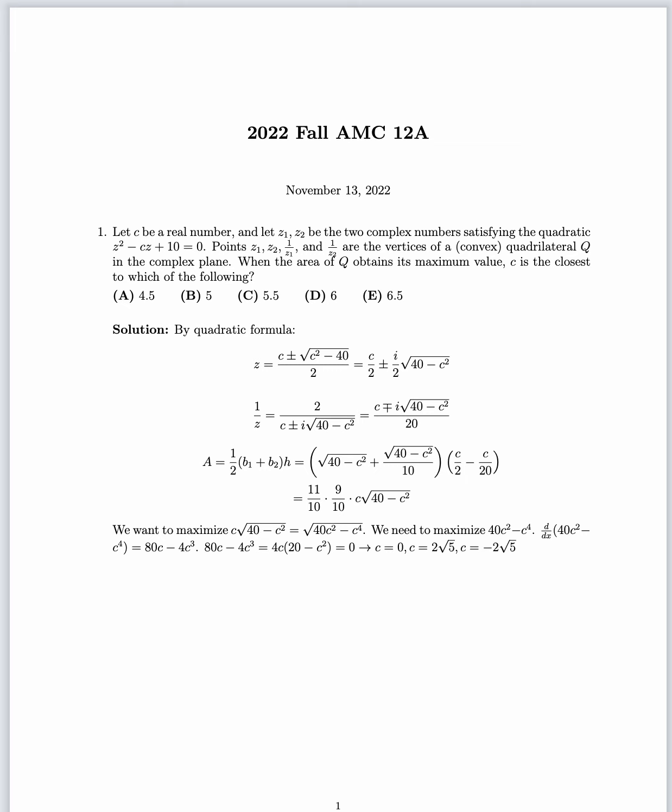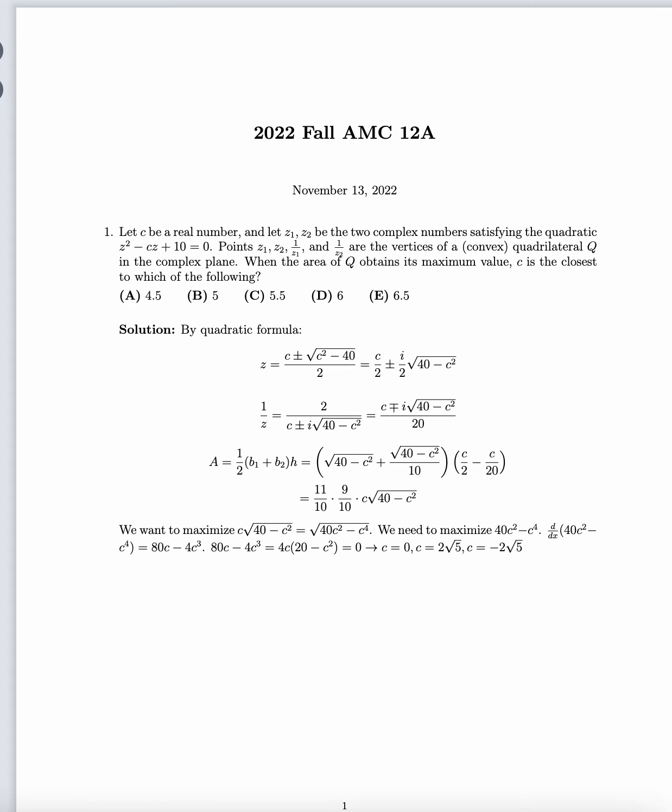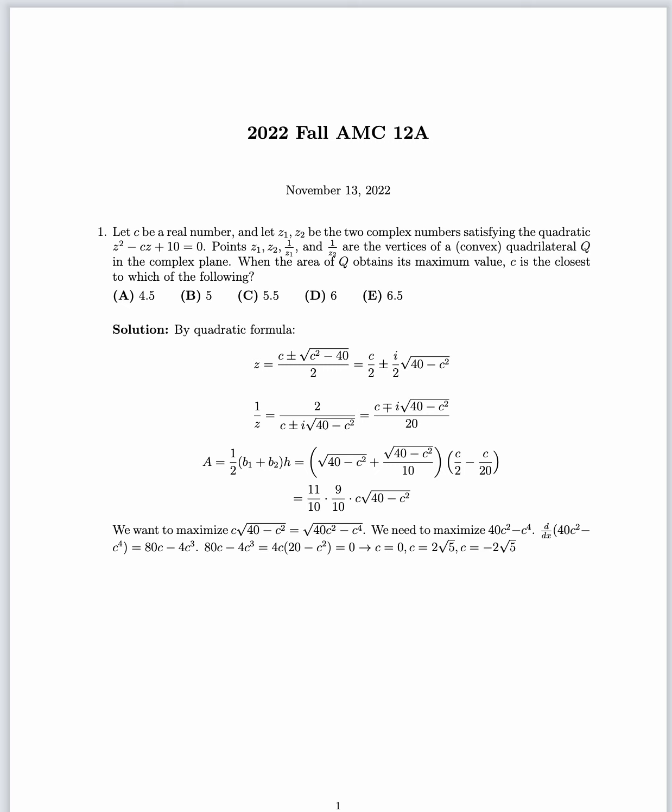So we have these three values. But 0 is obviously not necessarily the case, right?